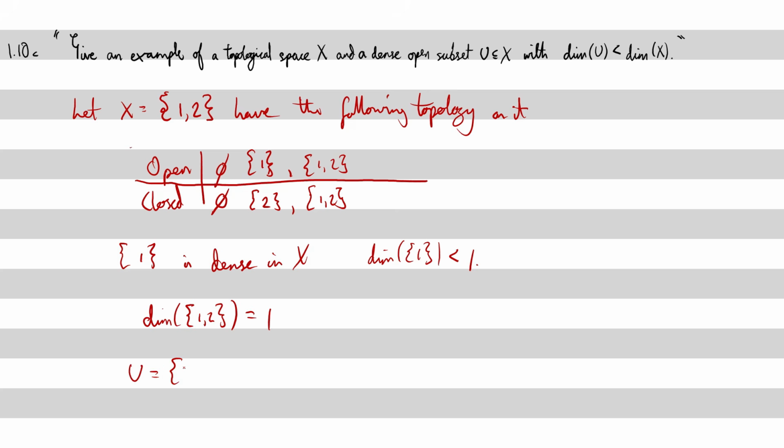Q equals 1 is dense in 1, 2, but dim U is less than dim X. I'm not sure if you can have either or. Let's move on.